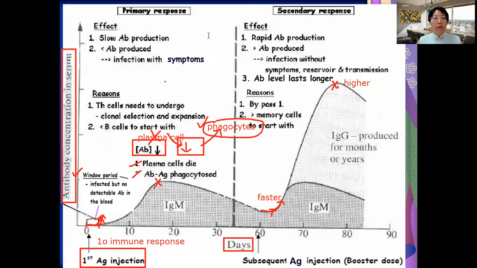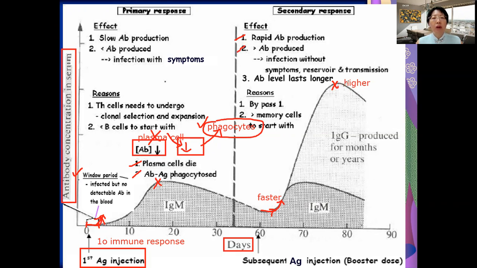So you need to explain why this happens in the secondary immune response. Secondary means the subsequent exposure to the antigen, versus primary means first exposure. There is a faster synthesis of antibody as well as a higher concentration of antibody. So here, the effect is rapid antibody production and more antibody produced.